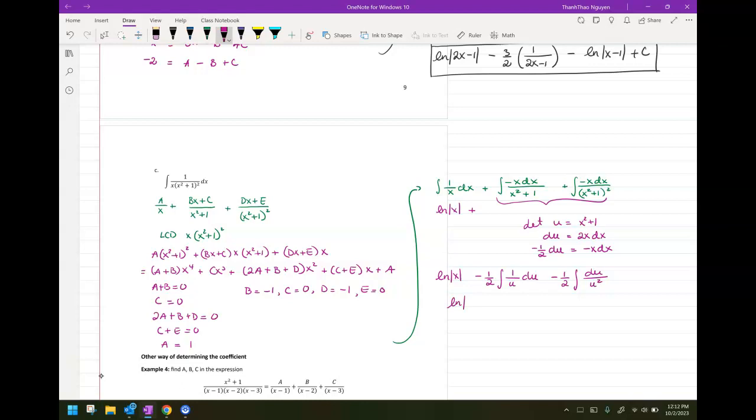So this is ln of x minus 1/2 ln of u, where u equals x squared plus 1, minus 1/2 times negative 1 times 1 over u. So together we have ln of x minus 1/2 ln of x squared plus 1 plus 1 over 2 times x squared plus 1, plus a constant c.